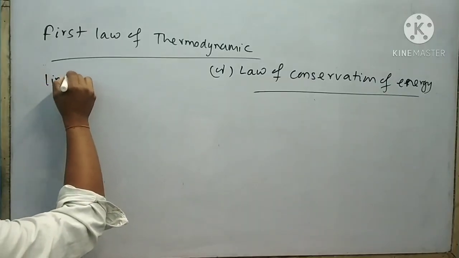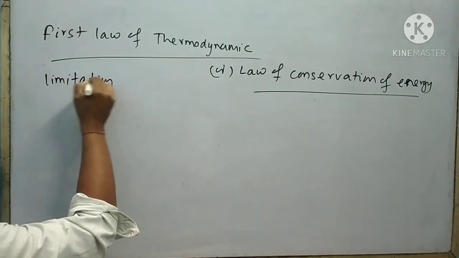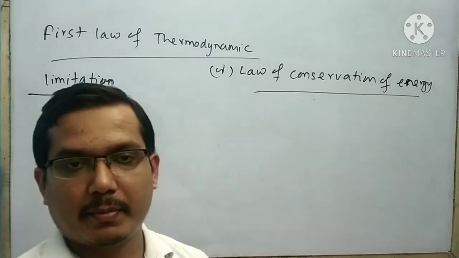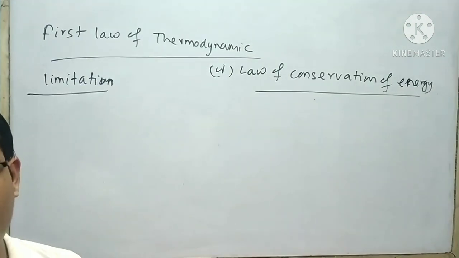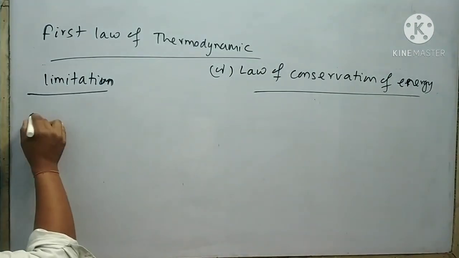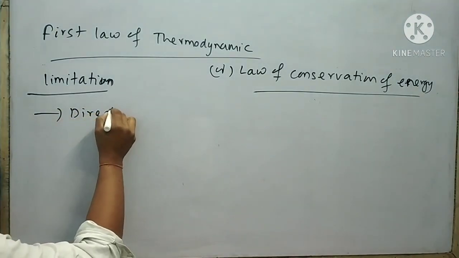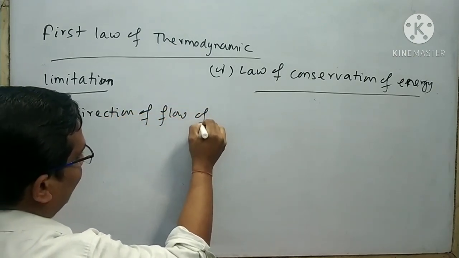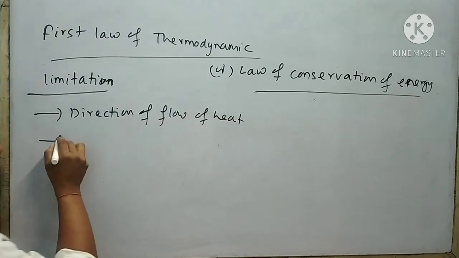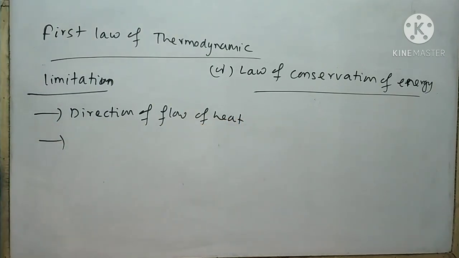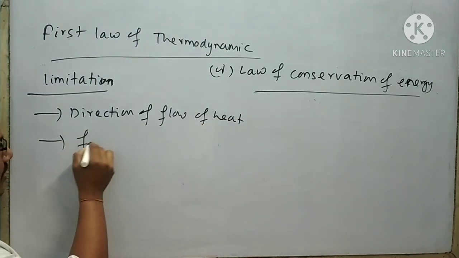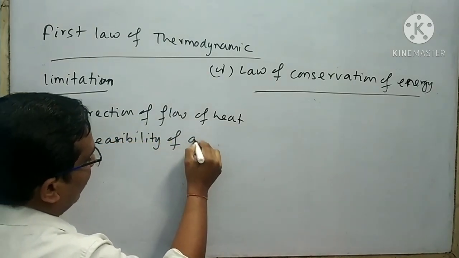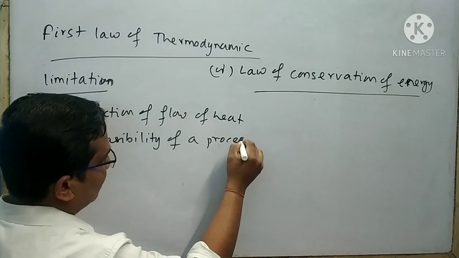Next, I want to explain the limitations of the first law of thermodynamics. First point, it puts no restriction on the direction of flow of heat. Second point, it is silent about the feasibility of a process.